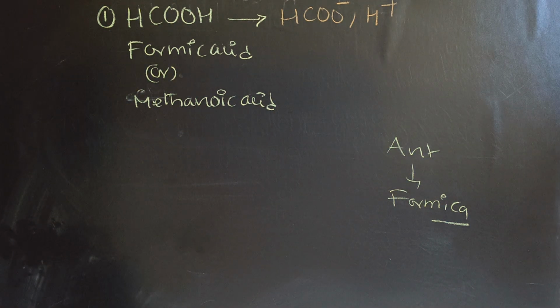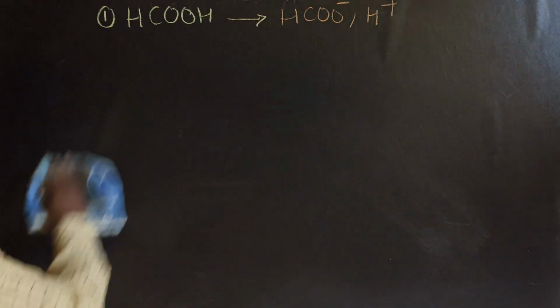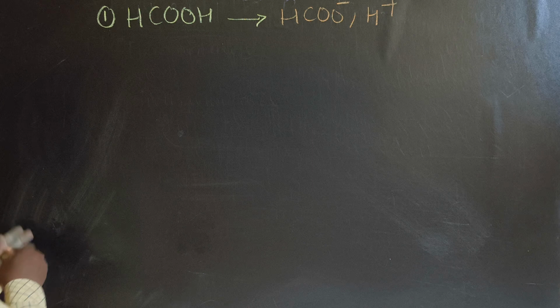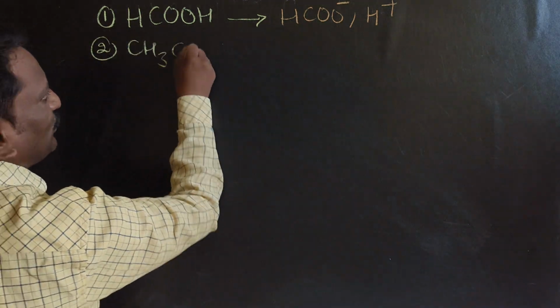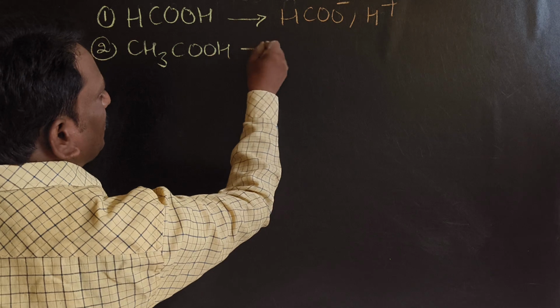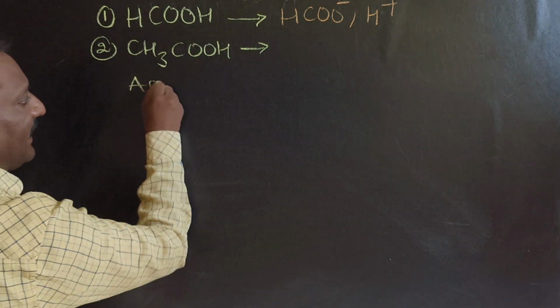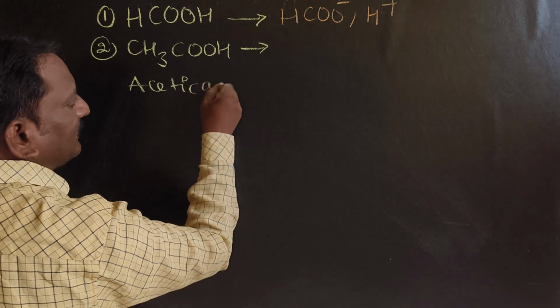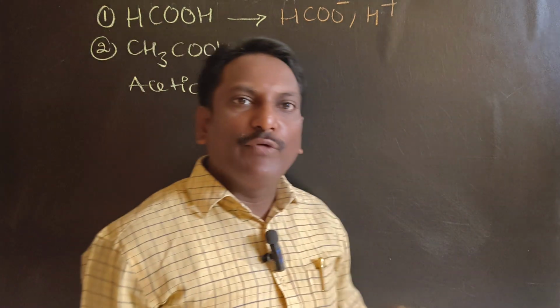Next, the second example, acetic acid. Formula CH3COOH. This is called acetic acid. Acetic acid is present in vinegar.